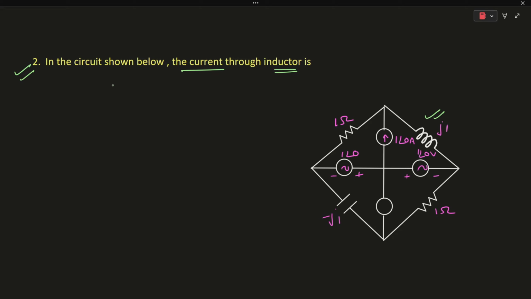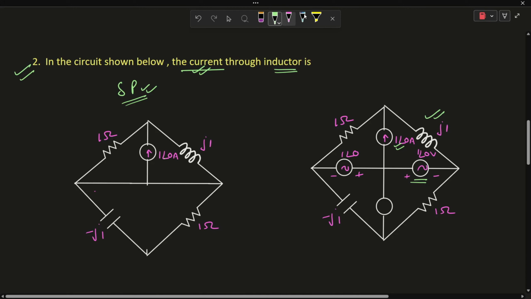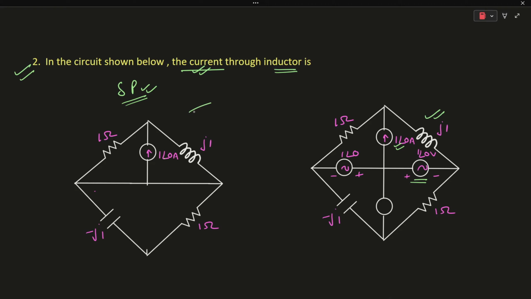In order to find the value of the current through the inductor, we need to apply the superposition principle. After applying superposition, we get this diagram, in which we convert the voltage sources to short circuits. So we have short circuited the voltage sources and open circuited our current source.